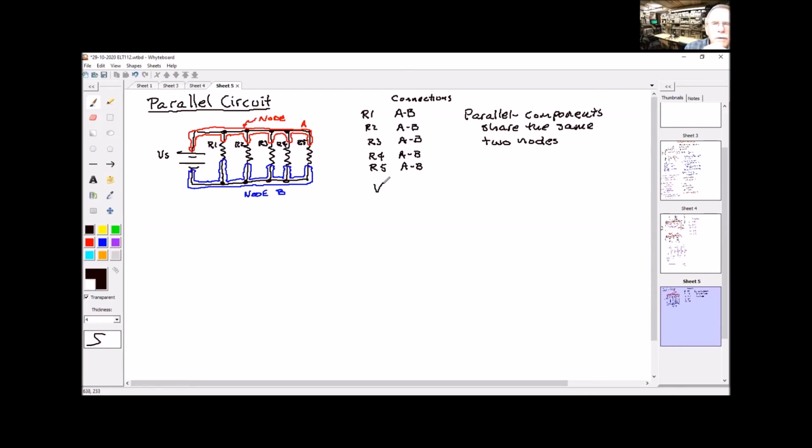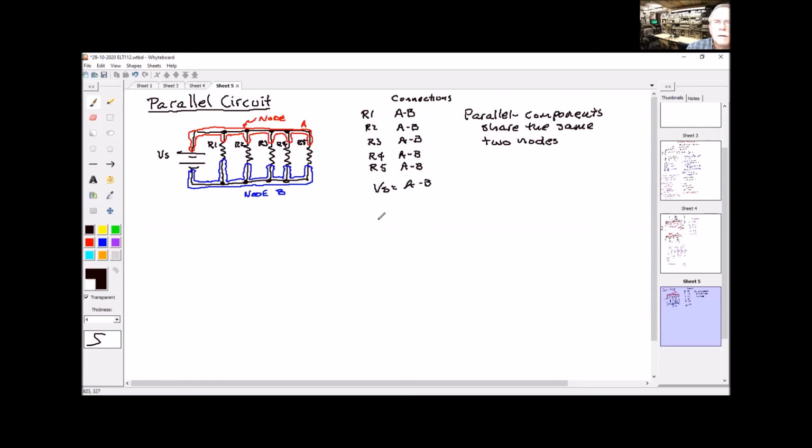Wait a minute. So what does VS connect between? A and B, the same nodes.